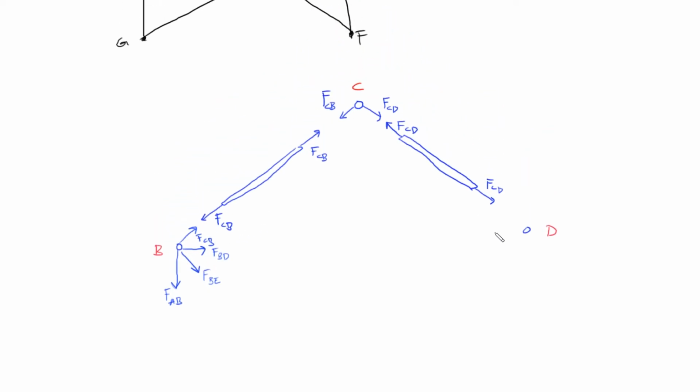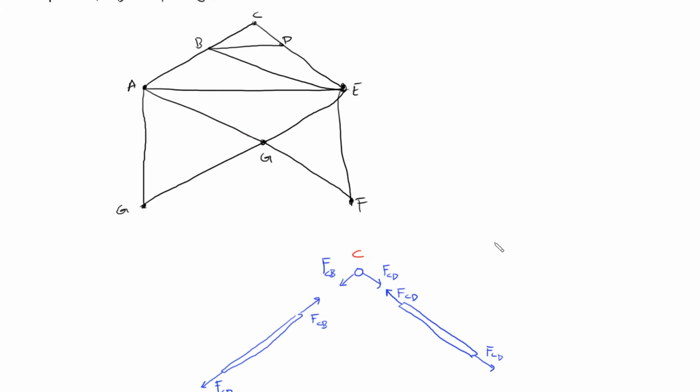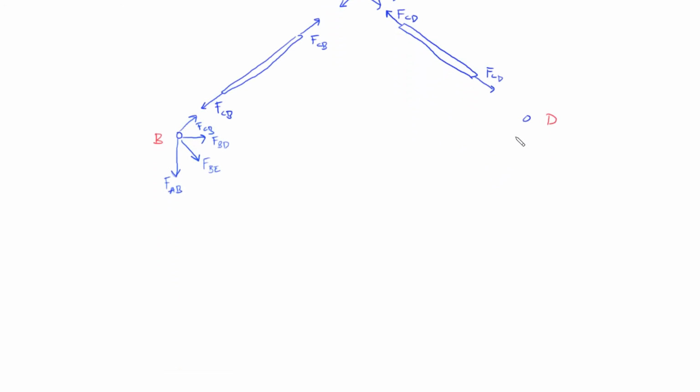And what we're going to do is repeat the process for D. There's only a reaction force going in that direction and in that direction. So what this would look like, you would have a reaction force going that way, which is FCD. There'll be a reaction force going this way, and then a reaction force going in this direction. And then we could actually draw this bar right in the middle.